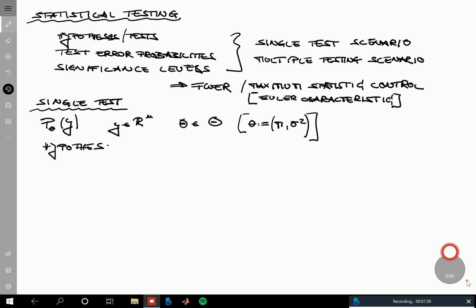testing, what we mean is that we partition the parameter space into two disjoint subsets, theta 0 and theta 1, so that together theta 0 and theta 1 form theta, and the intersection of theta 0 and theta 1 is the empty set, so it's a partition of theta.